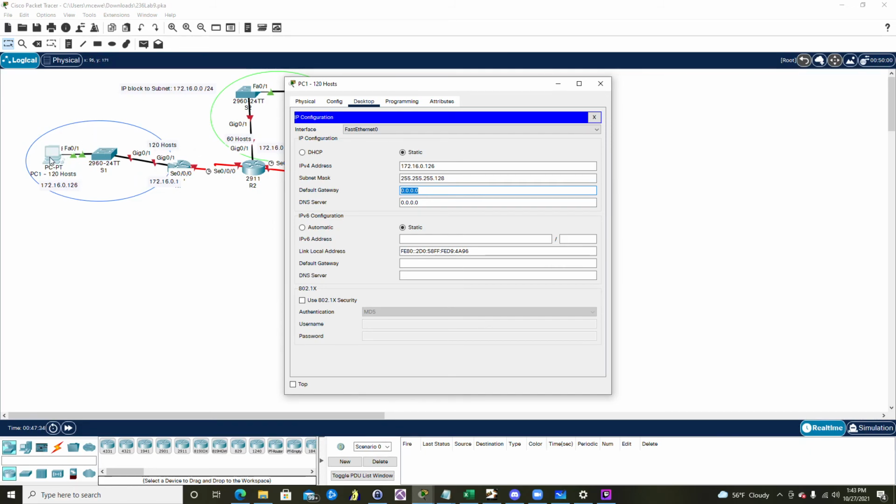If PC1 wants to leave its network, it has to send traffic up to the router. And so the furthest point it knows or can see is that G0/1 interface on router 1. So that is my default gateway. It says if I want to leave my network, send the traffic to the router at 172.16.0.1.